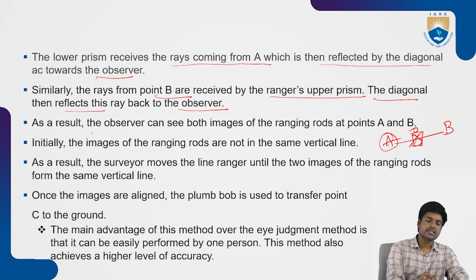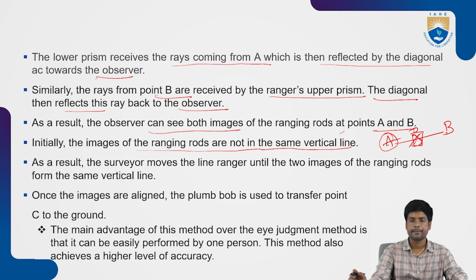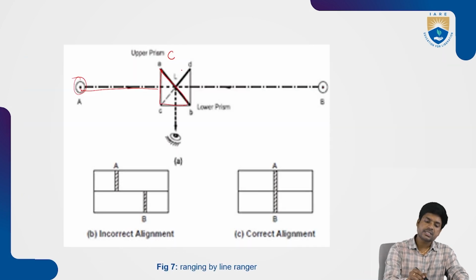As a result, the observer can see both the images of the ranging rods at point A and point B. Initially, the images of the ranging rods are not in the same vertical line. These are the positions of the ranging rod at point A and at point B. If you see the positions of these ranging rods, they are not aligned in one place.